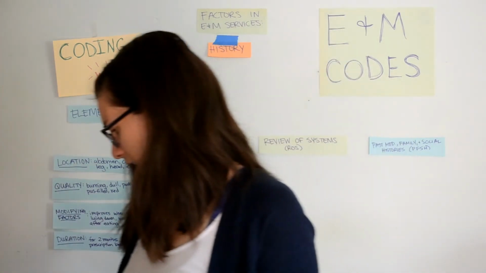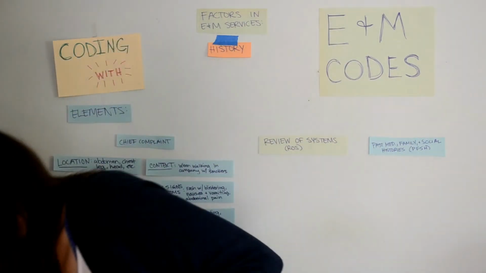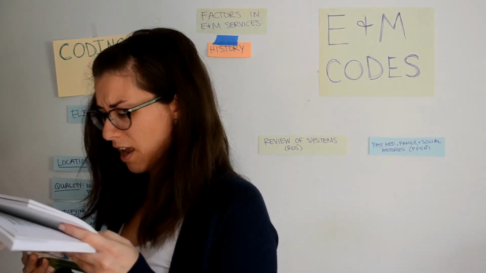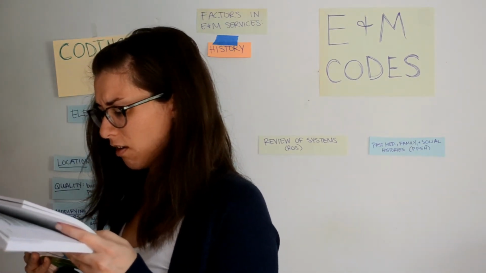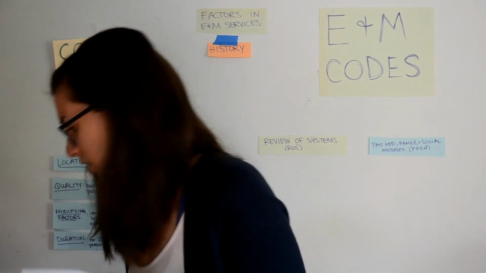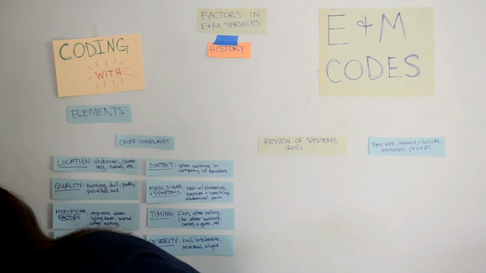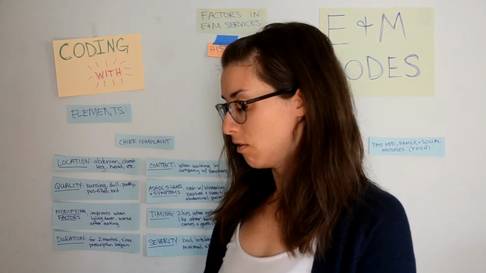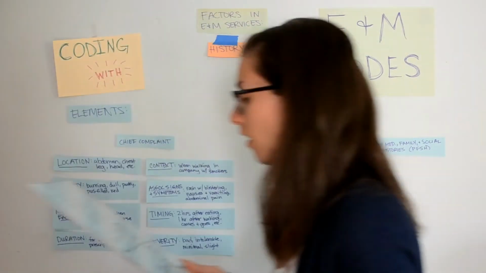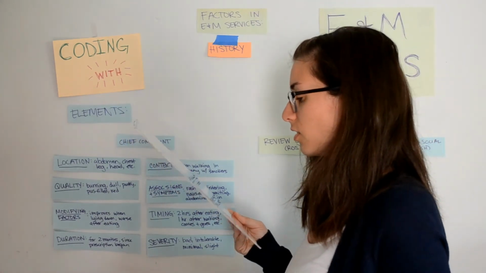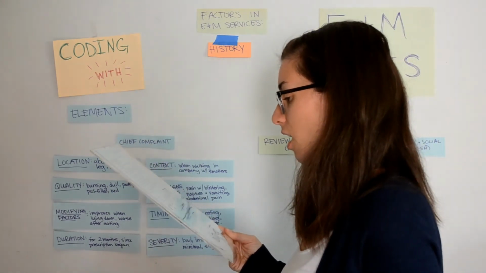So they say HPI is brief, just the location, severity, and duration, which would put it at problem-focused and expanded problem-focused. So we had location, quality, duration, associated signs and symptoms, and severity.